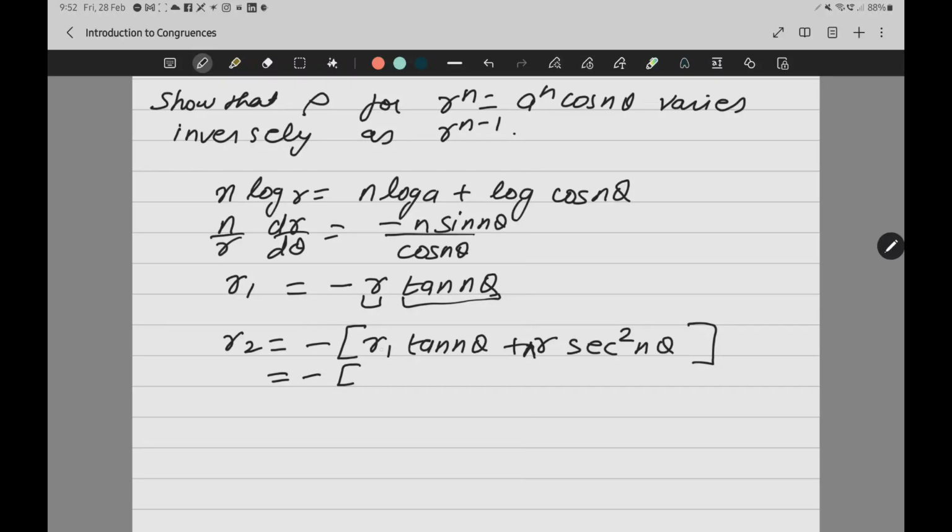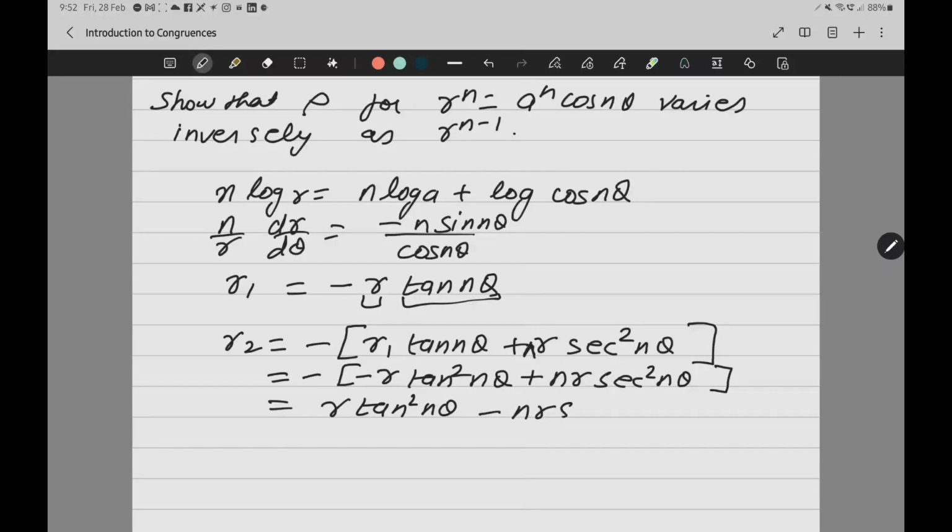Now R1 is equal to minus R tan n theta. So minus R tan square n theta plus nR secant square n theta. Correct? If you want, you can open the bracket also, R tan square n theta minus nR secant square n theta. If you don't want to open, that is also okay because this minus will be absorbed in the formula.